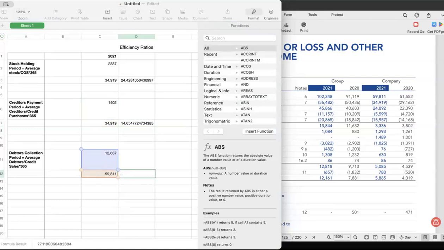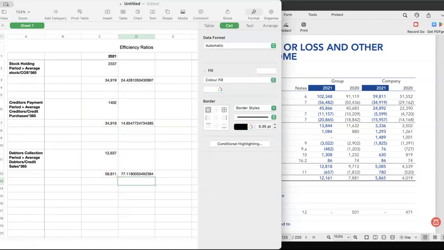The debtors collection period, look at the amount, 77 days. That's too much. 77 is too much.